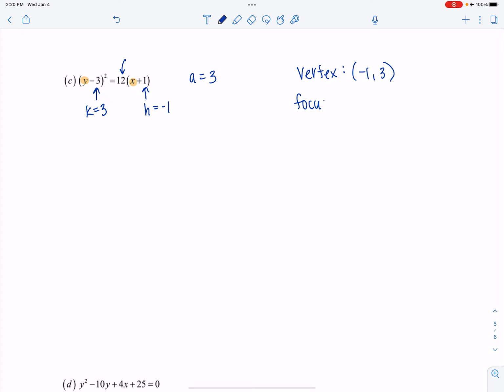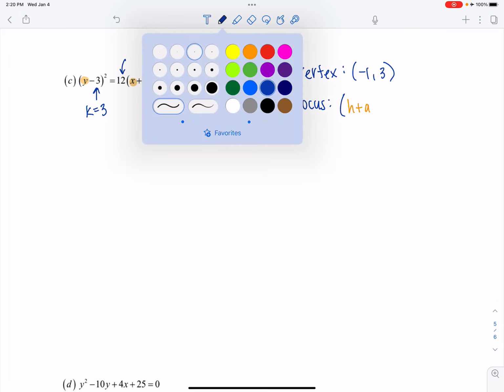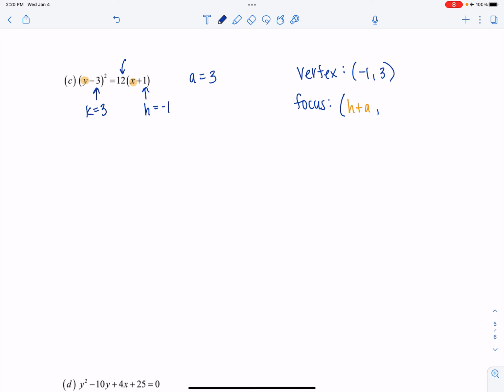Our focus, which is h plus a, and k, so that's 3.